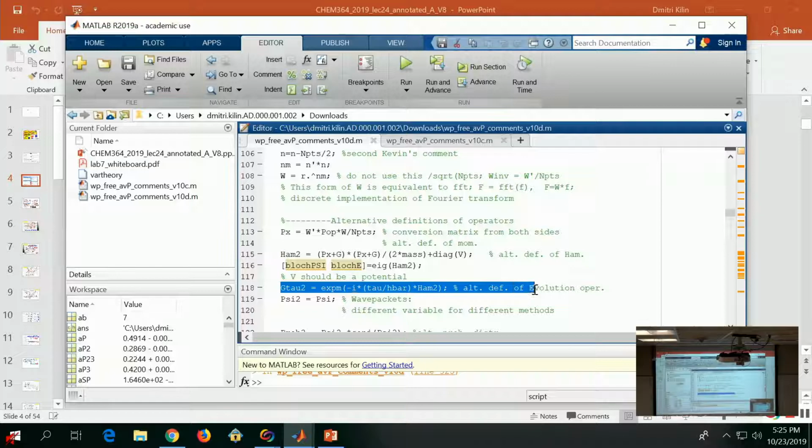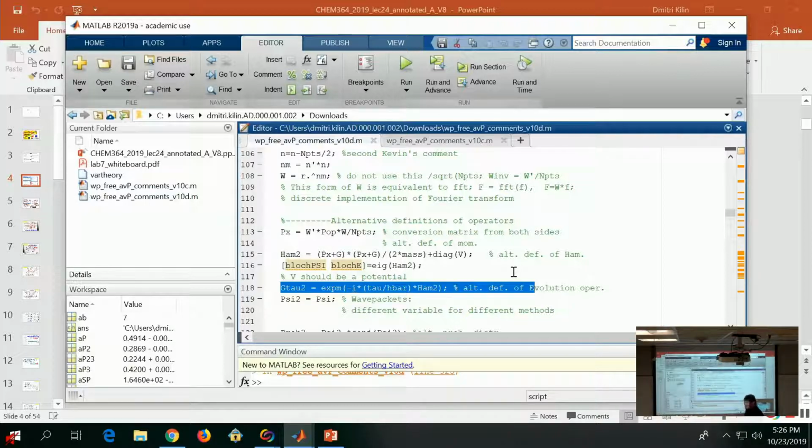Okay, so line 118 is, you see here, an alternative definition of the evolution operator. By looking at what you had on the blackboard, you recognize the exponential in matrix form, imaginary unit, tau, you can guess that it will be the time increment, h bar, you can guess it is the Planck constant, and CHEM is not a food.